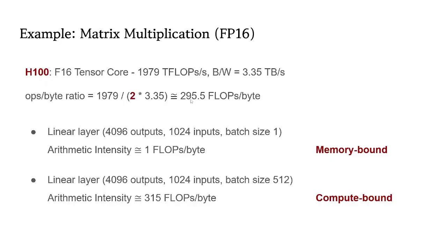Can our fully connected layers, which effectively do matrix multiplications, have an arithmetic intensity which exceeds this? So let's consider a linear layer whose inputs have dimensionality 1024 and whose outputs have dimensionality 4 times that, so 4096. Let's consider the batch size of 1.